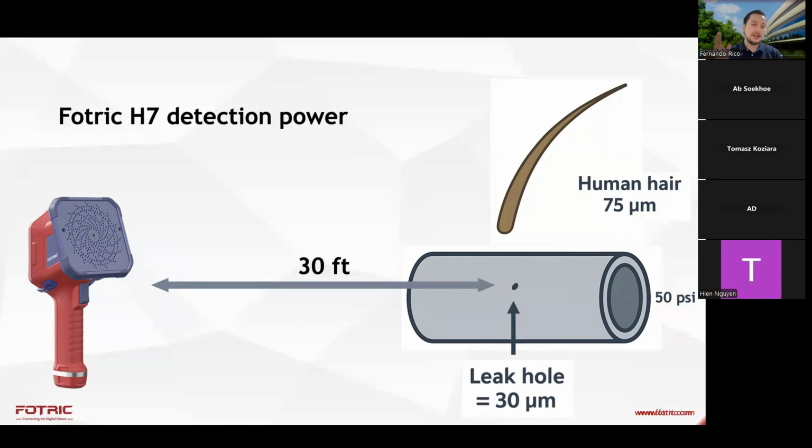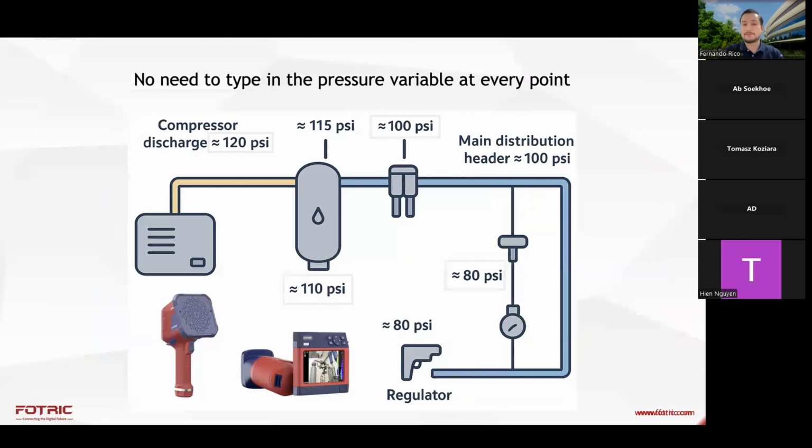So again, half the pressure, half the size of a human hair, 10 meters away, the FOTRIC H7 is able to find such small leaks.